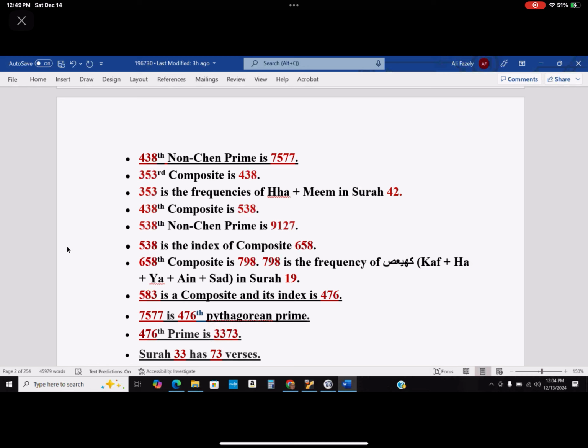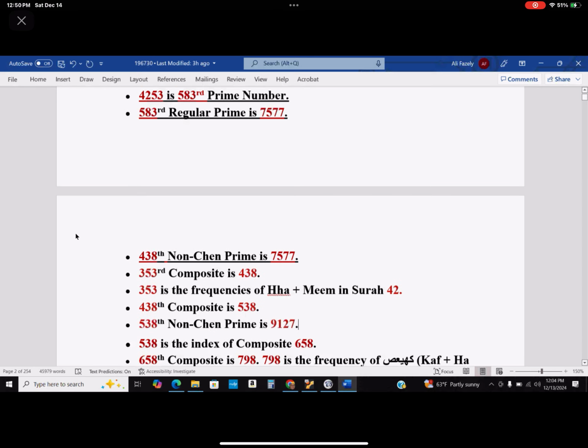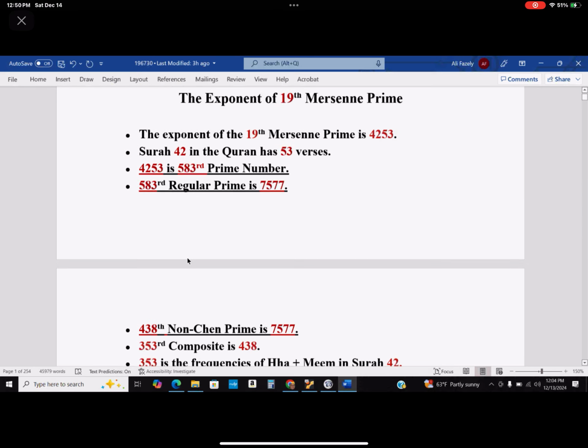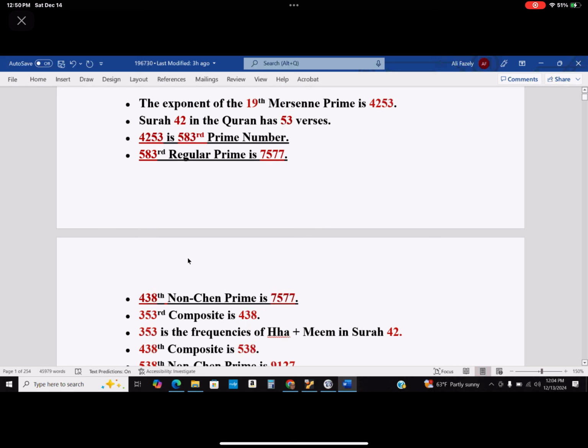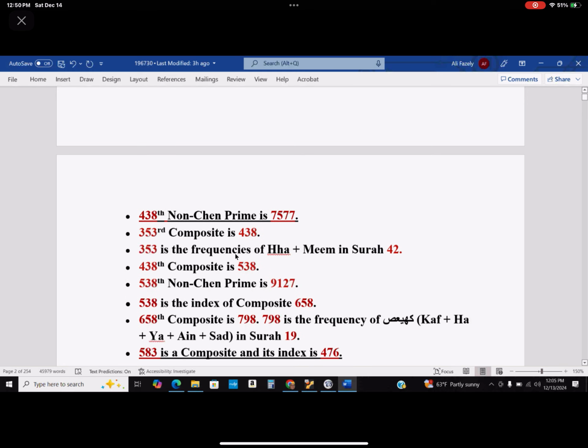It came out 798. And 798 was 42 times 19. Remember? This mathematics I just showed you tells you why it is 42 times 19. Because again, we started with chapter 42, and the number of verses in this chapter, going through the exponent of the 19th Mersenne Prime, took us back here to 798.